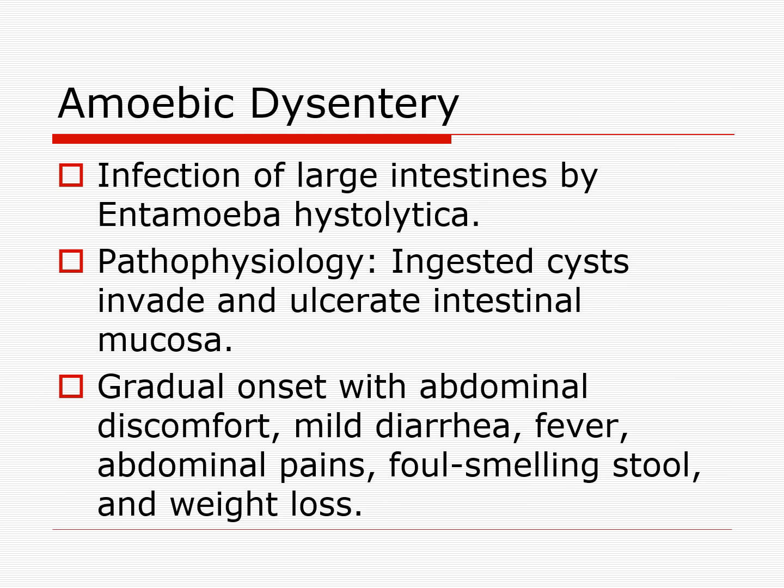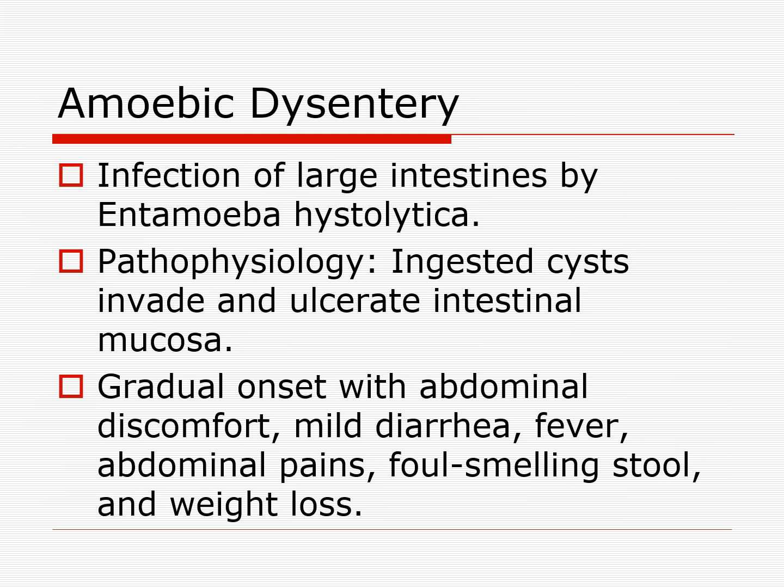So when it comes to the pathophysiology, ingested cysts enter the GIT through the mouth to the stomach, where they encyst during digestion. Motile trophozoites are released, which multiply. Then they invade and ulcerate the intestinal mucosa of the large bowels.